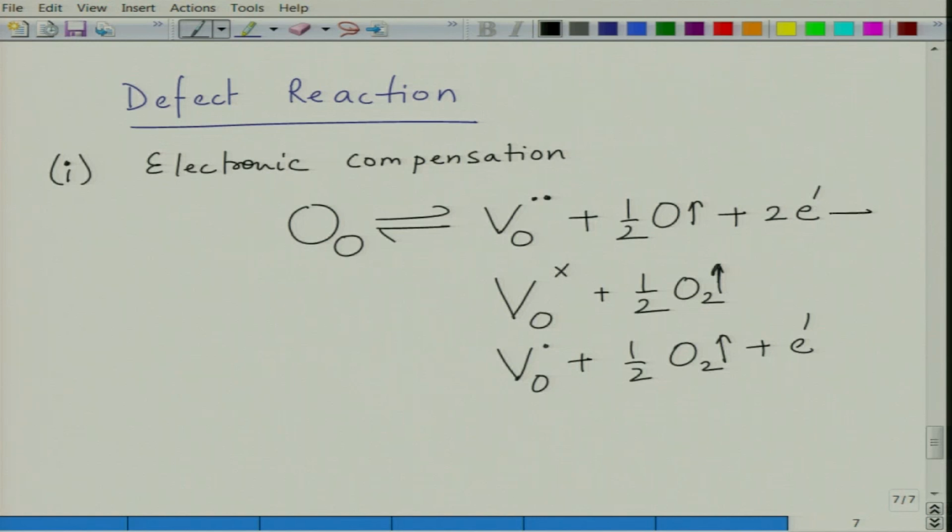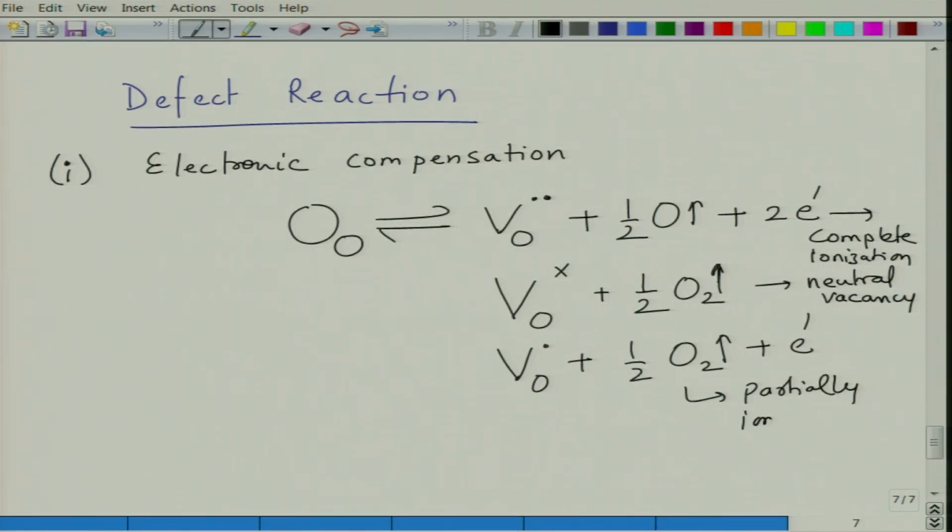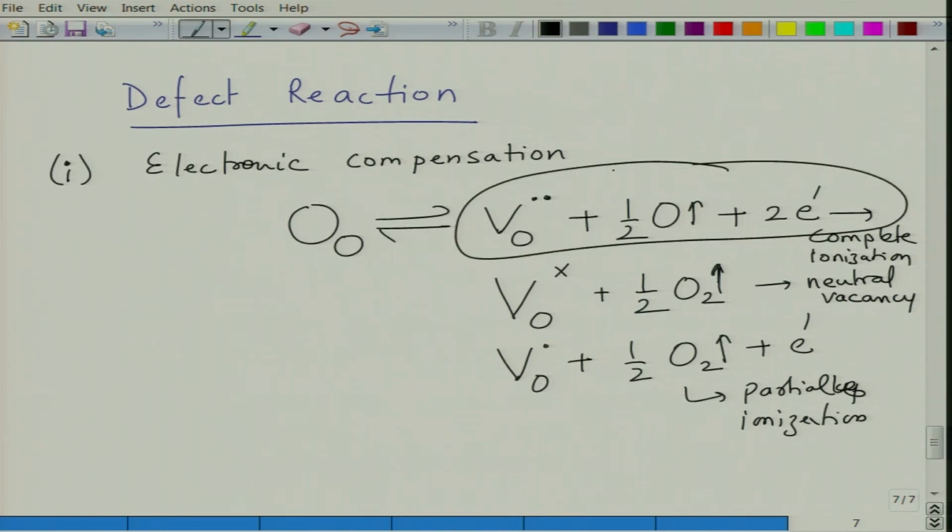So this is for complete ionization, this is for the neutral vacancy, and this is for the partially ionized vacancy. But in general, we will consider the fully ionized case as the most plausible scenario. So these are the possible defect reactions.